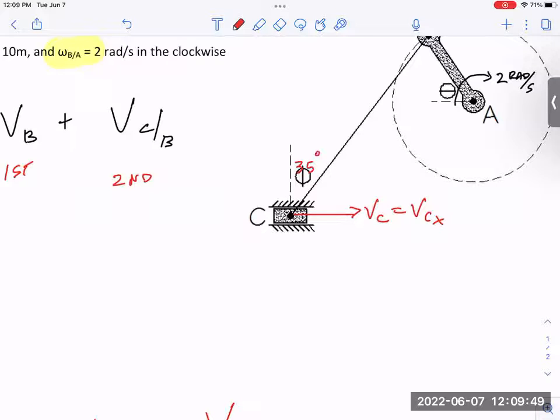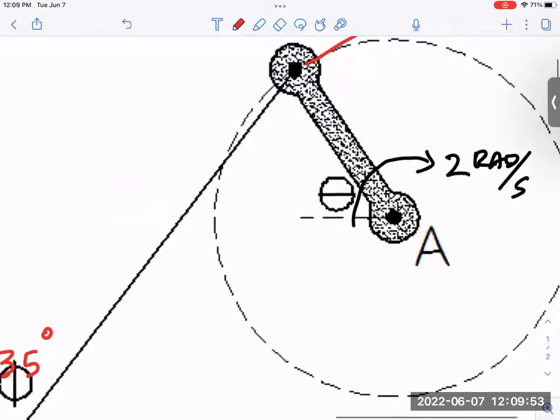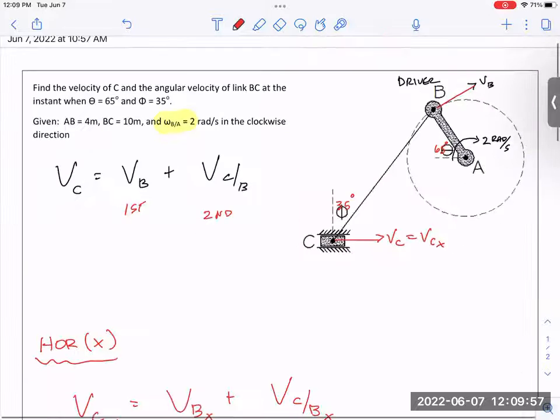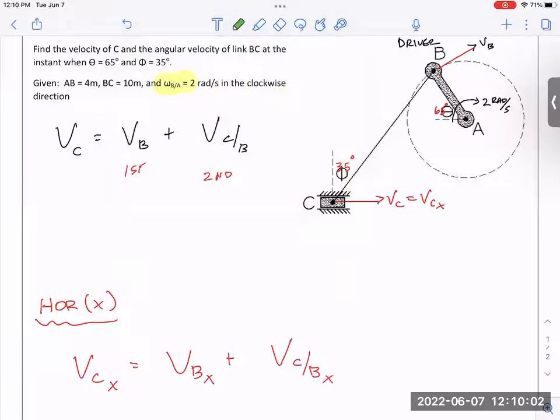This we're told is 35 degrees and the other one is 65 degrees. That looks about like the picture is drawn, right? But let's think about something we do know. Do we not know that velocity is equal to angular velocity times radius?